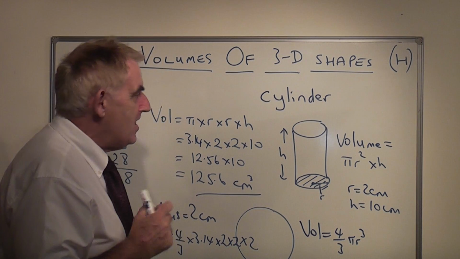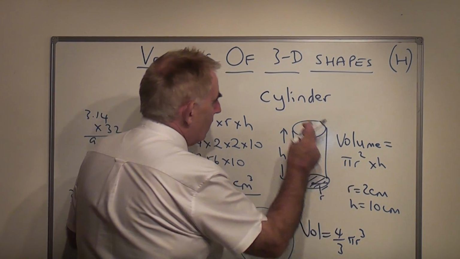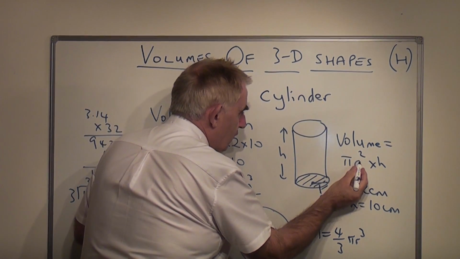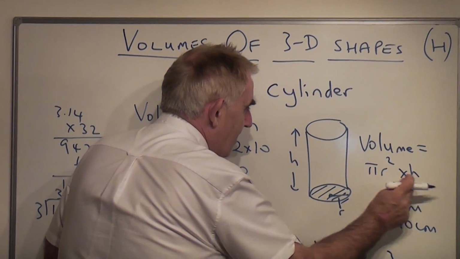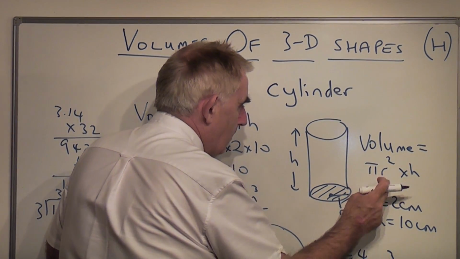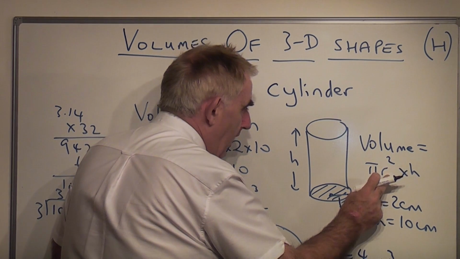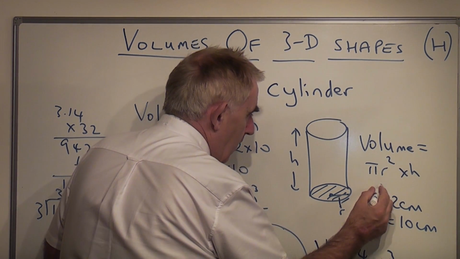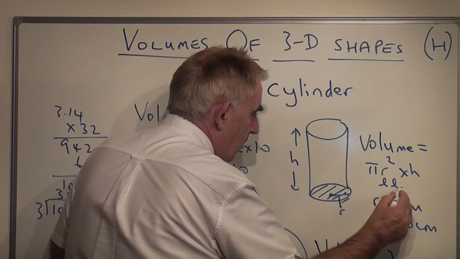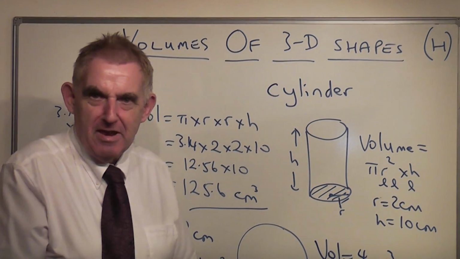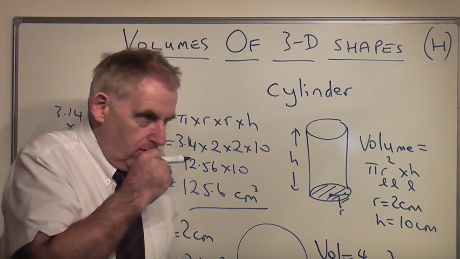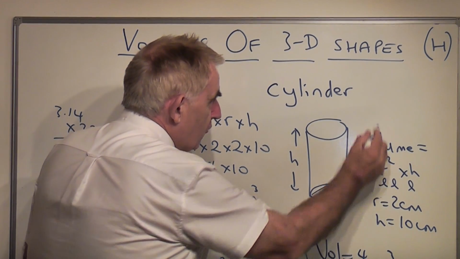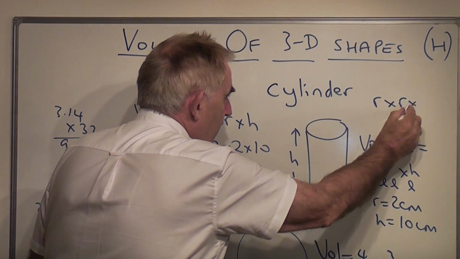To work out any volume, can you see if we go back to the cylinder? Although that was r squared, we then did times by height. So we had a length and another length and another length. There were 3 lengths involved, because we've got r squared, r times h.